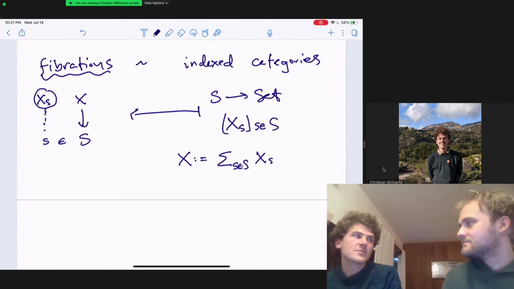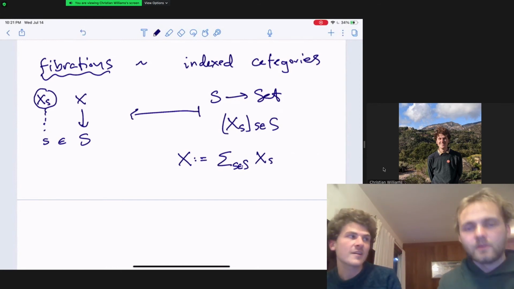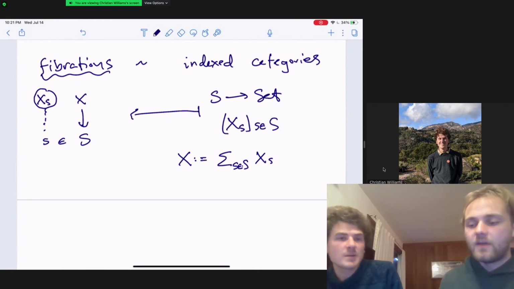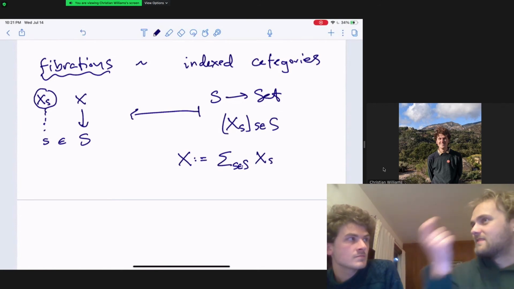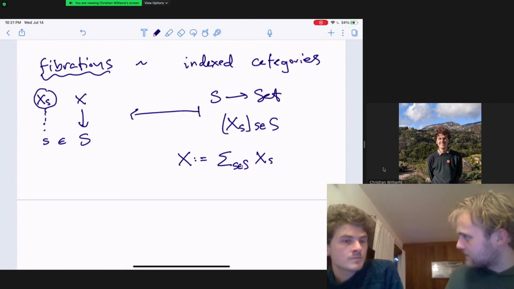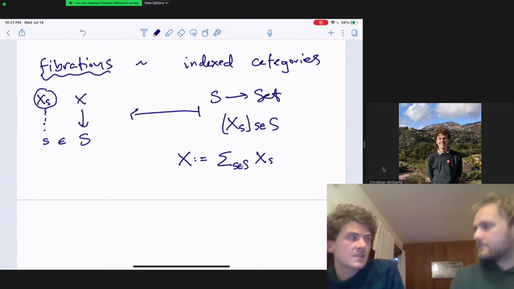How much structure does the fiber have? Is it just a set? Is it a poset? Is it a category? And the fiber at an object is the collection of objects that map to that object, and morphisms that map to the identity on that object. Exactly. That's an important point.